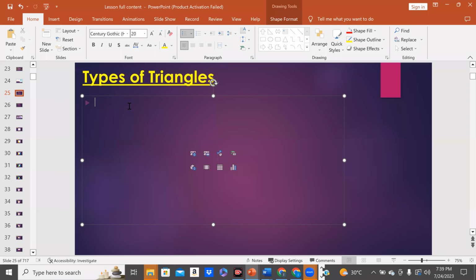Okay, so types of triangles. What are the types of triangles? The first triangle, we're gonna start by looking at them in this way. The first one is the equilateral triangle.